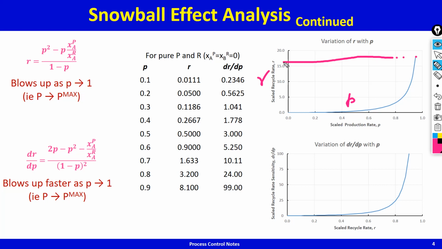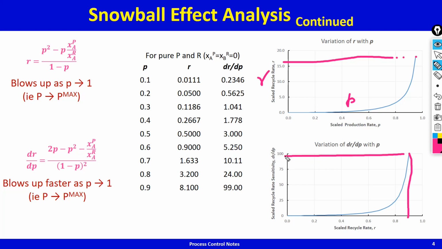Here it's of the order of 100, and we are not even at 95%. At 90% we are 99. So at 90% of maximum production we are 99.